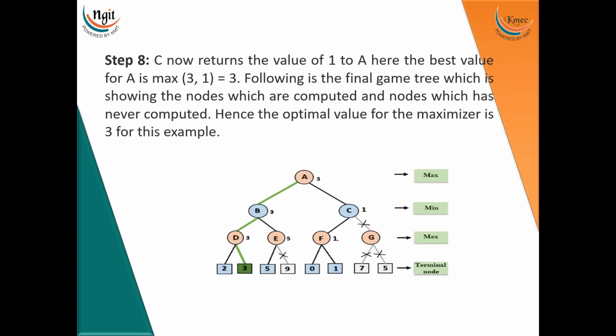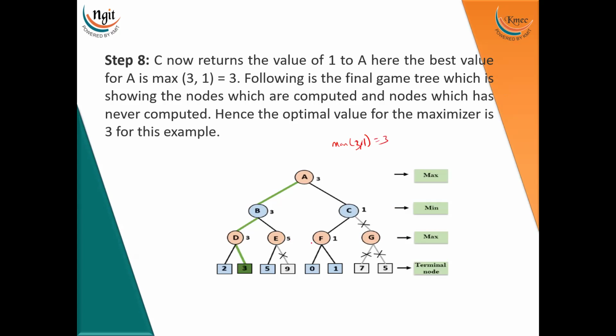Why? Because we have only 1 here. So here it will become 1. And when it comes to A, the best value out of 3 and 1, as it is max turn, max of 3 comma 1 will be 3.